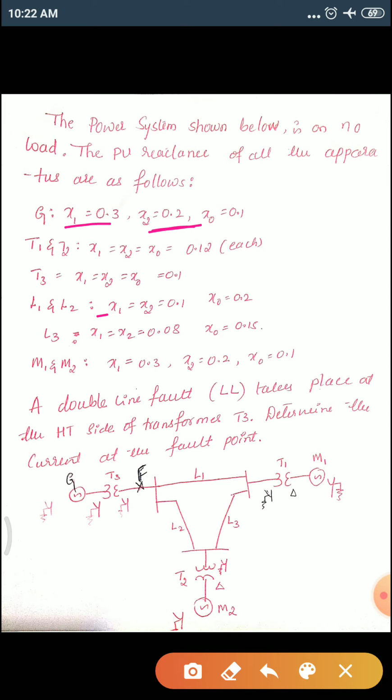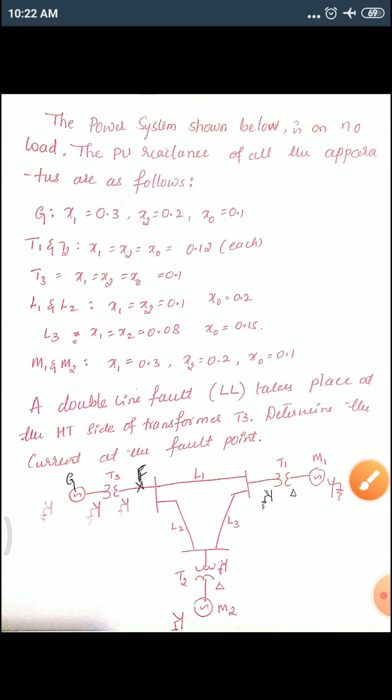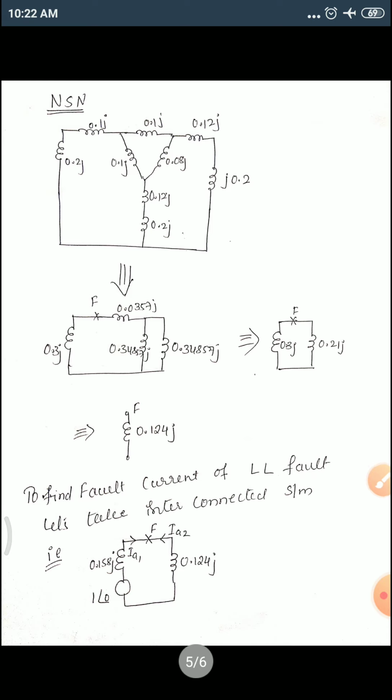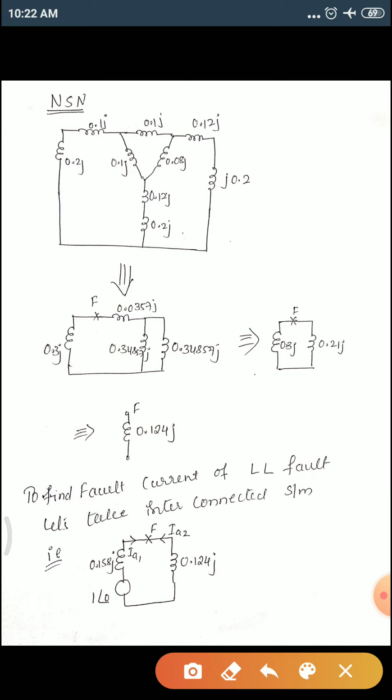Okay, so according to that we have to write. So don't write blindly. Earlier all the values were equal, so we used to do the same thing. Here it is a bit different, those values you have to substitute.